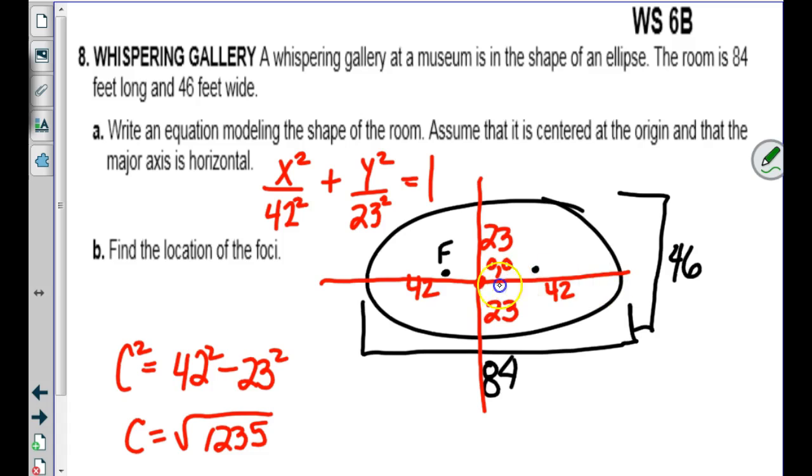In this picture, the major axis is this way. And they go out that far, square root of 1235, in either direction. So they would be at plus or minus the square root of 1235, 0. And it might simplify, but I really don't care today. Can someone tell me what the square root of that is? 35.1. So is it staying inside of the ellipse? Yes. Okay. Because it's less than 42 either way.